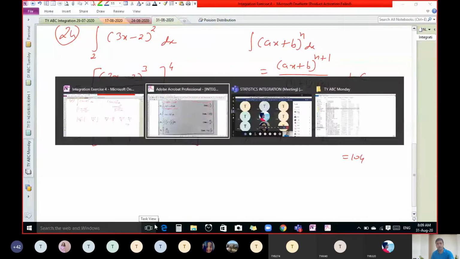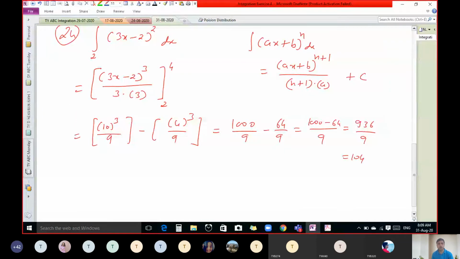Just step 2. Listen, you have to use this rule. (ax plus b), that is a linear function, raised to any power. For that linear function, you have to add 1 in the power. The same thing you have to write here, and you have to write the coefficient of x here.